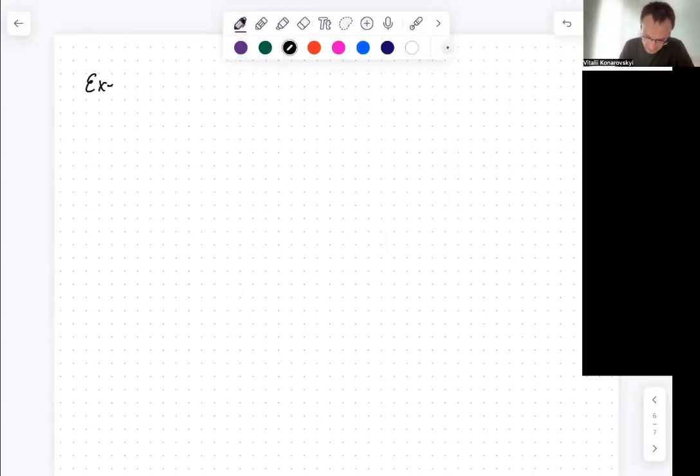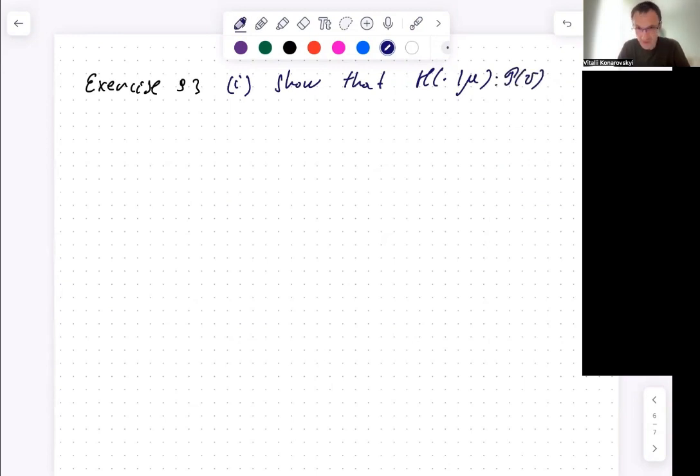Exercise: show that h given mu, as a function from the space of probability measures to R, is continuous.